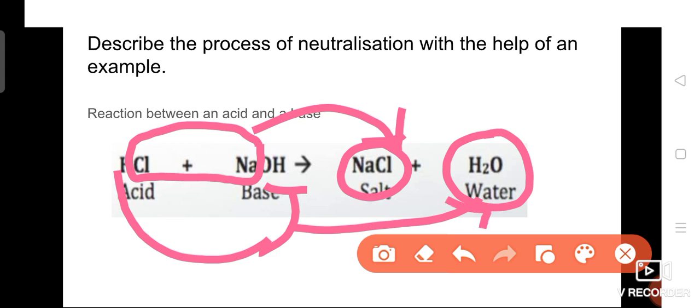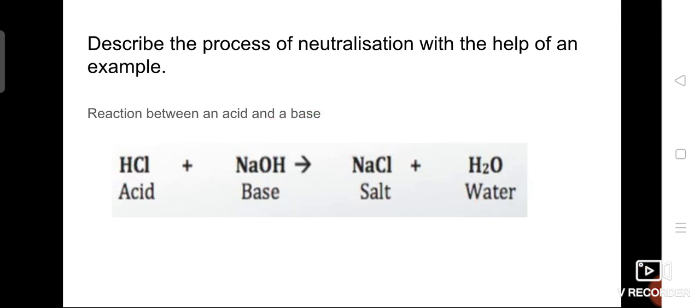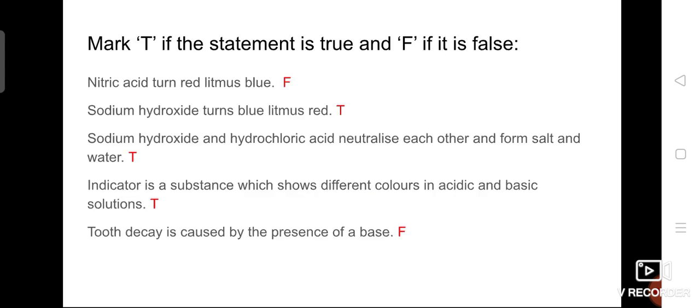Can you understand? HCl plus NaOH gives NaCl, that is salt, sodium chloride. Along with that, H2O will also be produced. So this is the best example of a neutralization reaction.